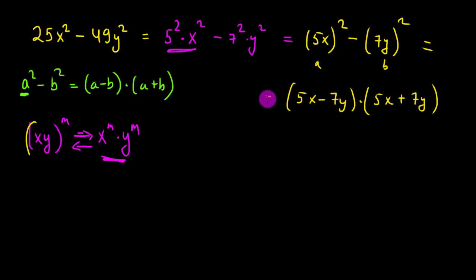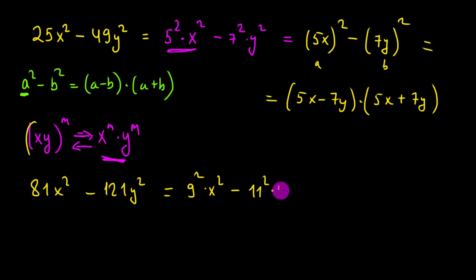Okay, next example, let's say you have this one, 81x squared minus 121y squared. How can you write it? 81 will be 9 squared times x squared, minus this one is 11 squared times y squared.